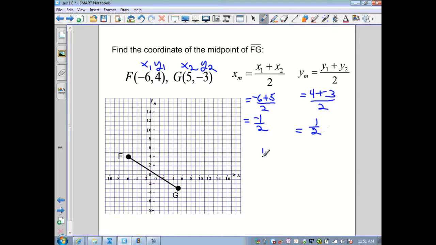Therefore, the midpoint ordered pair is negative 1/2 and positive 1/2. If we plot that point, negative 1/2 and positive 1/2, that will give us the midpoint of segment FG, and therefore I know that FM is congruent to MG.